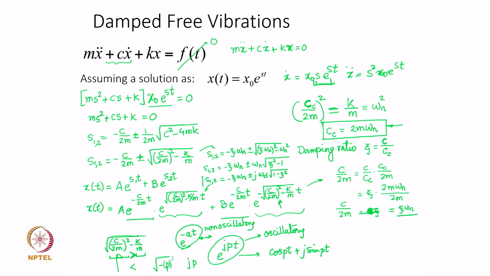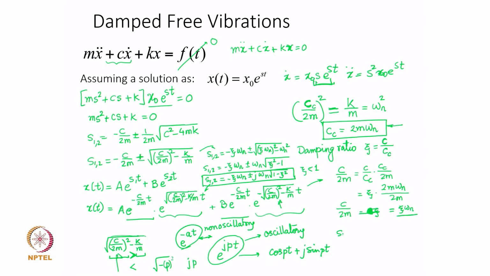Of course, this is definitely with the assumption that the damping ratio is less than 1, because if it is less than 1, I can write the two roots as minus zeta omega n plus minus j omega n, times square root of one minus zeta square.